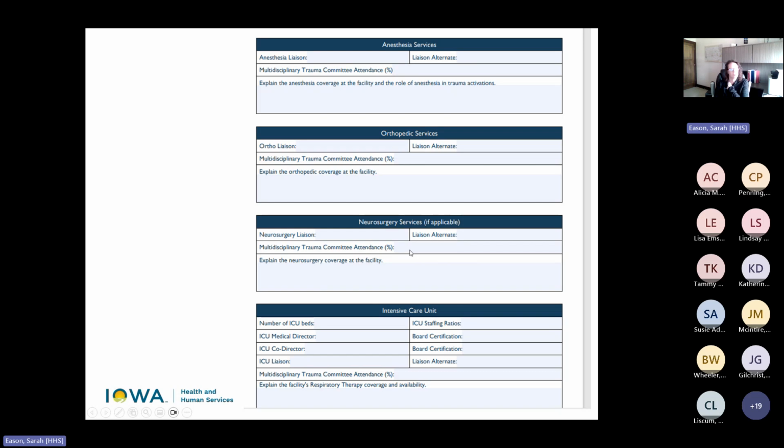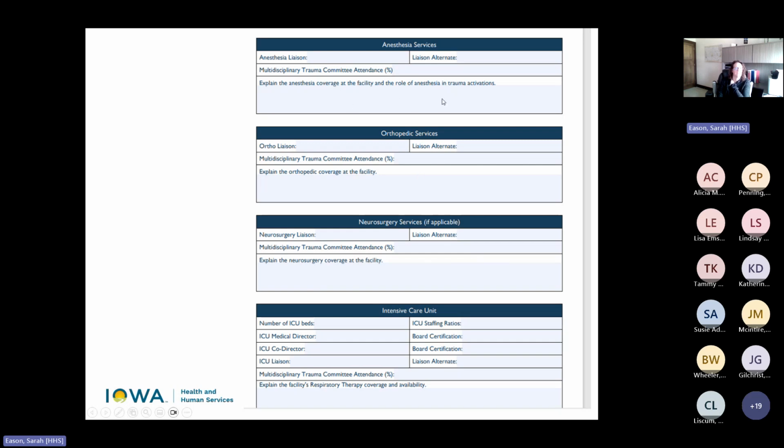So if you have 4 trauma committee meetings in your 12-month review period, really add these up. That's not a crazy goal to have the two of them make it to half of the 4 in the 12-month review period. But again, the idea is that you have a go-to person when issues arise about your neurosurgery patient or your ortho patient.